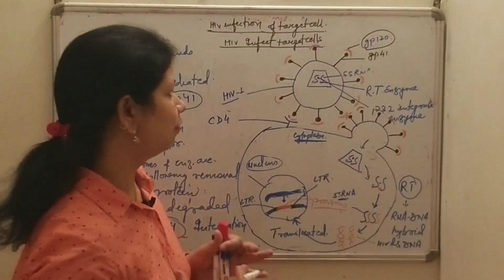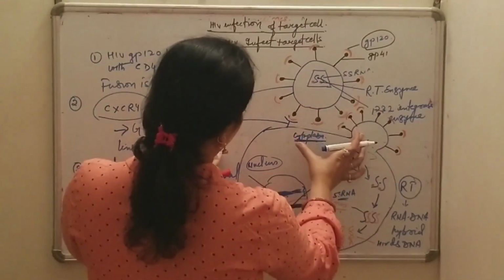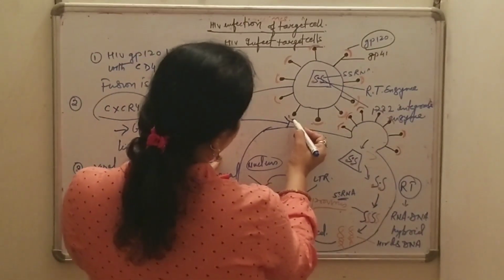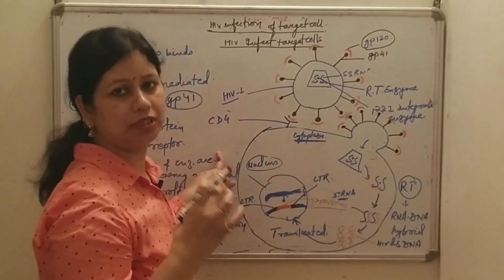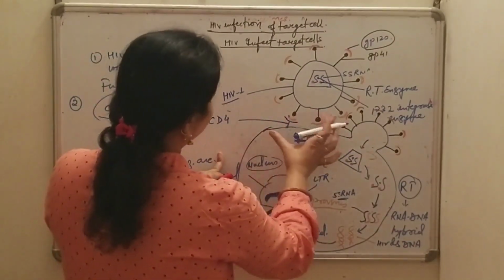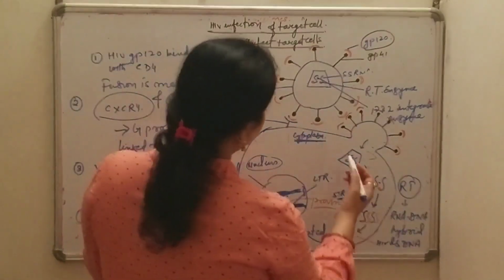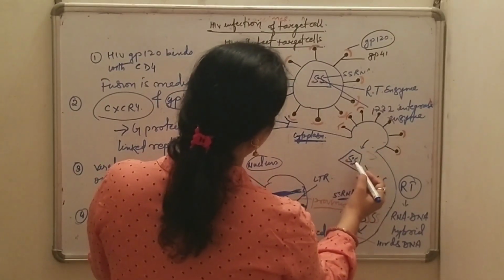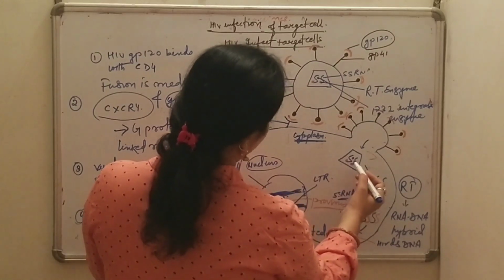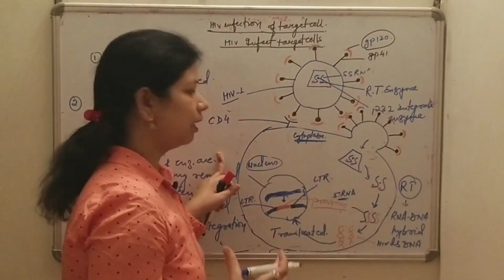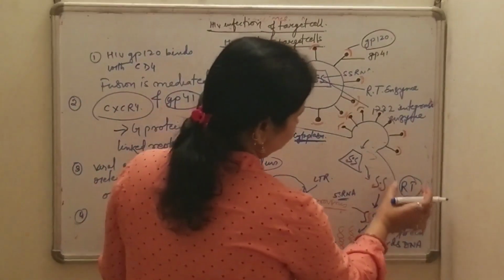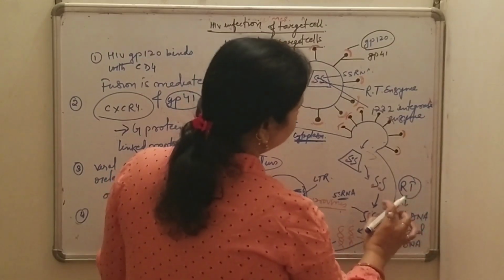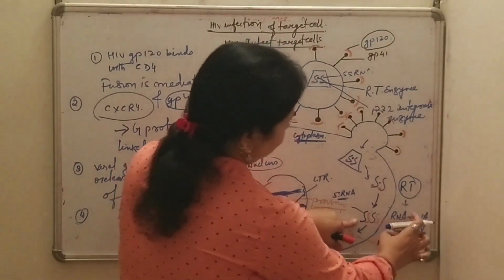Once again I am reviewing the points. First, HIV glycoprotein 120 binds to CD4 present on the target cell membrane, and then fusion is mediated. After fusion, the nucleocapsid containing viral genome and enzymes enters the cell, and then the viral genome and enzymes are released following removal of core protein. Reverse transcriptase reverse transcribes this RNA to form the DNA molecule, resulting in an RNA-DNA hybrid.